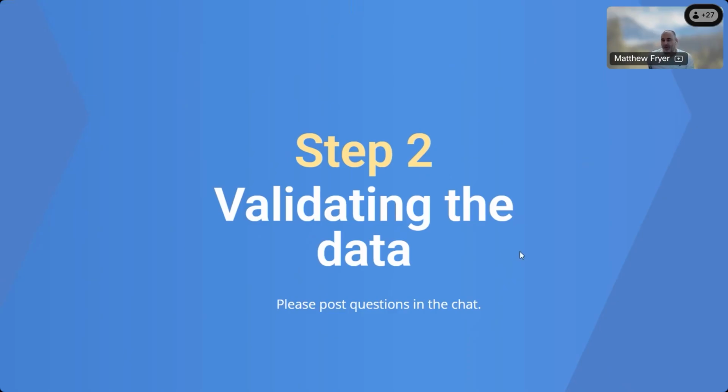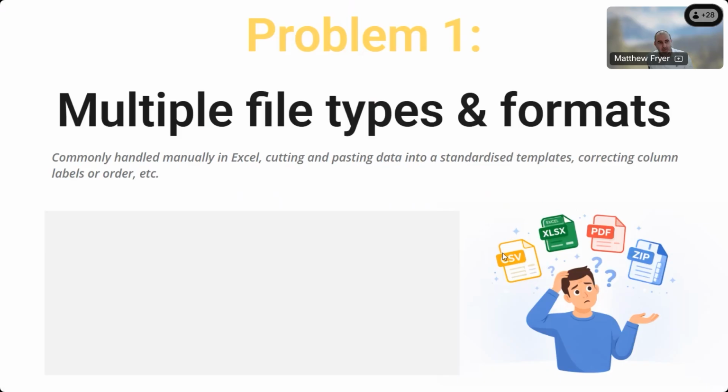So receiving data is just the first step in that process that Dimitri described. And once we've got the data, we always need to validate it. And that can take lots of different phases or problems that we need to consider when it comes to validating data. The first problem is the format of that data and the type of file or whatever data we've been provided.